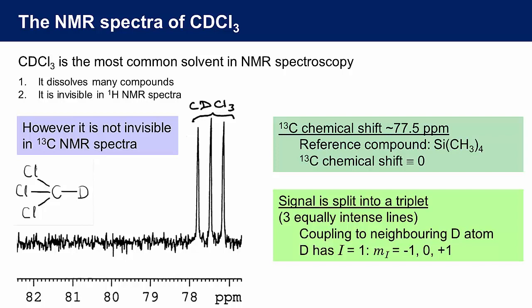In 1/3 of the molecules being measured, the deuterium is in the +1 state and adds to the applied field. In 1/3 of the molecules, it is in the mI state equal to 0, with no net contribution to the field. And in the final third, it is in the -1 state, subtracting from the applied field. We say that the coupling of the carbon-13 nucleus to the deuterium gives us a 1-to-1-to-1 triplet.